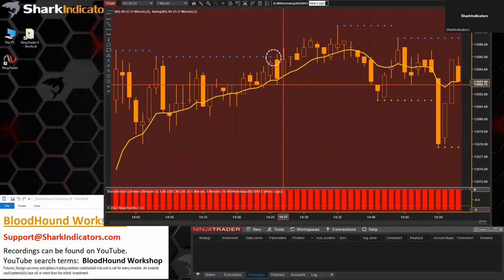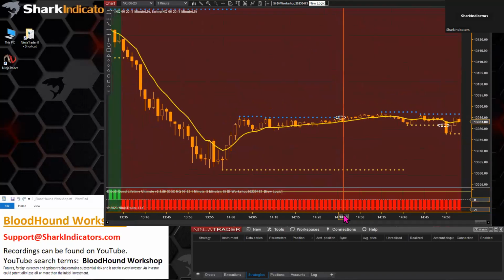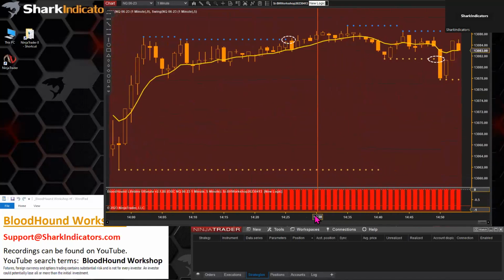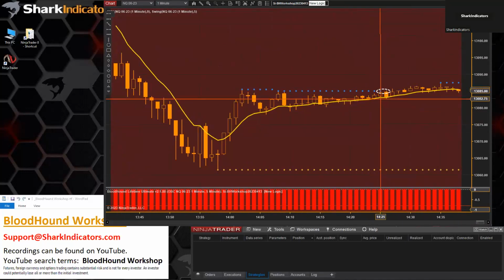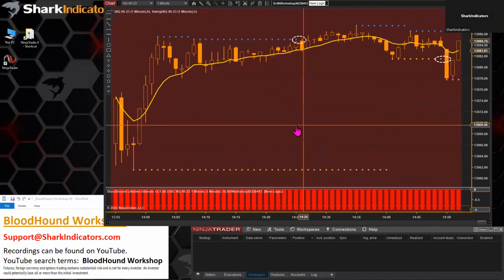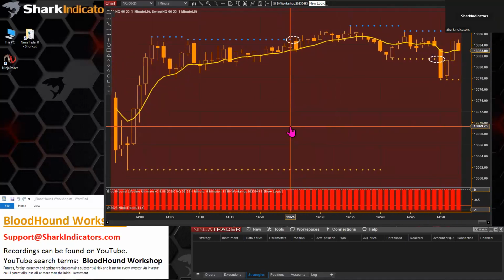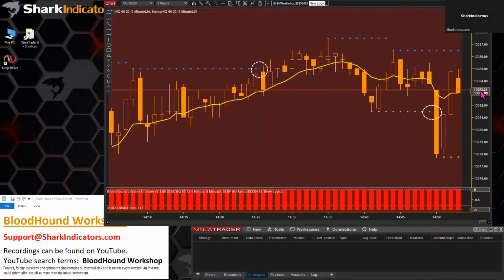All right, so we're going to identify these swing breaks here. Now, one thing, shoot, I can't shrink that up too much. I'll just have to keep the scaling locked for a moment.